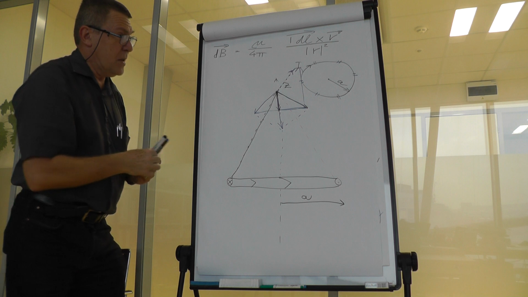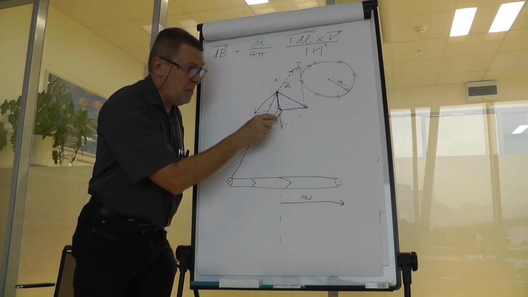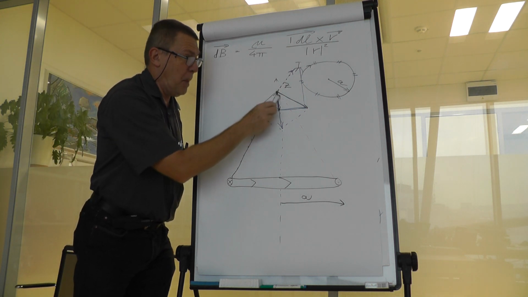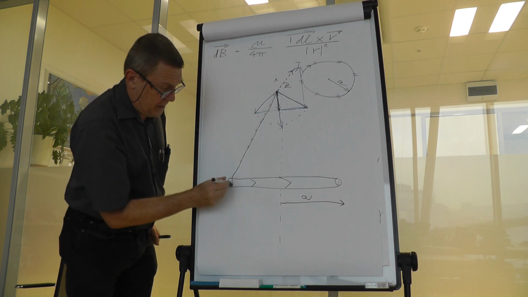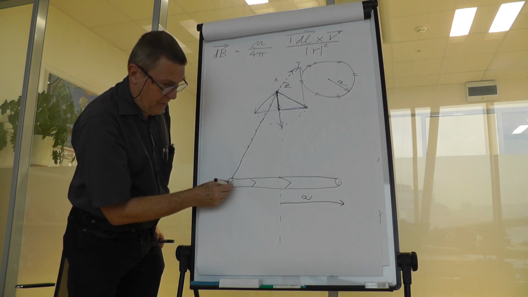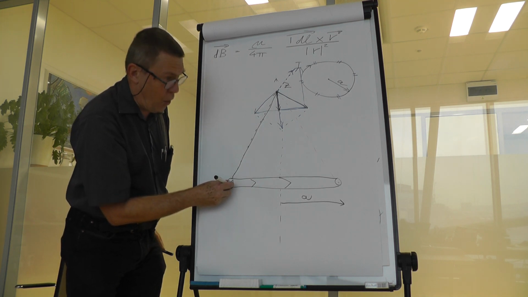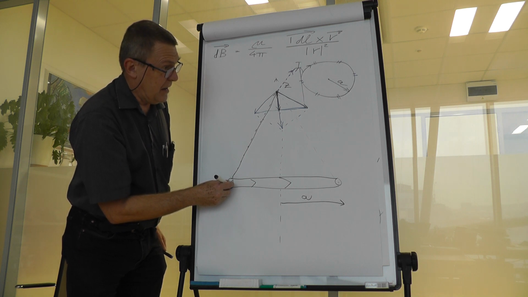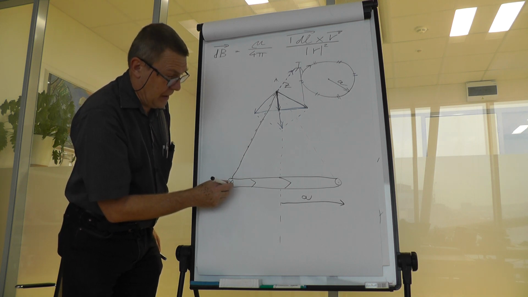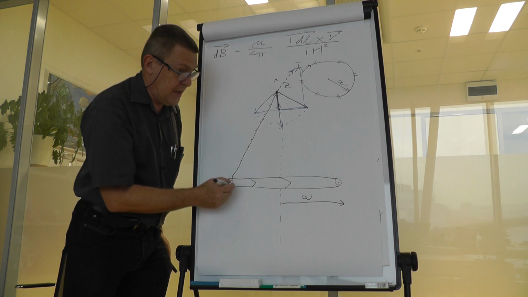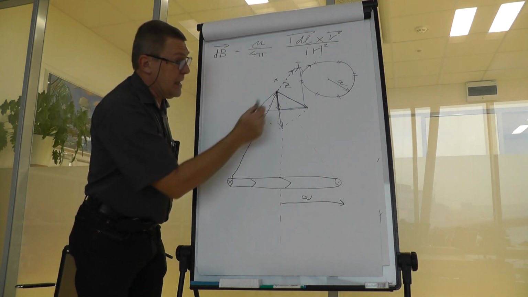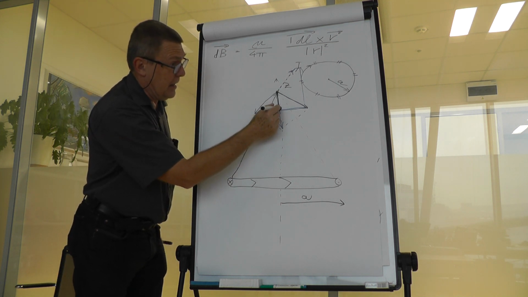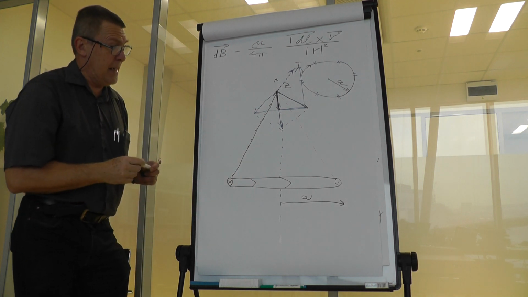Why? Because this is the elementary part created by the vector source that would give us a small piece of the result. Now this is this side of the triangle.